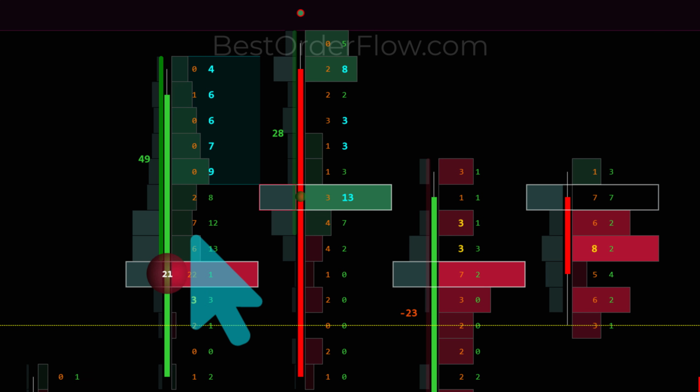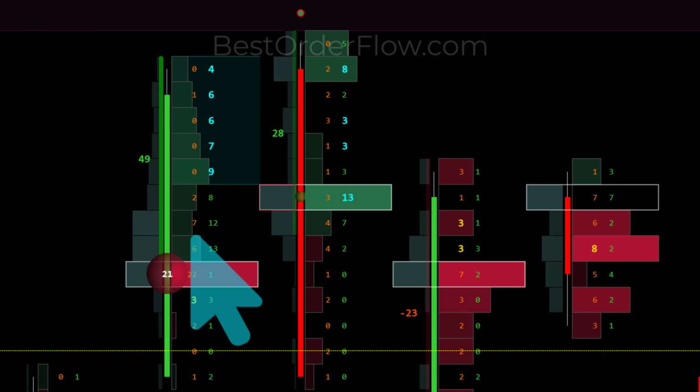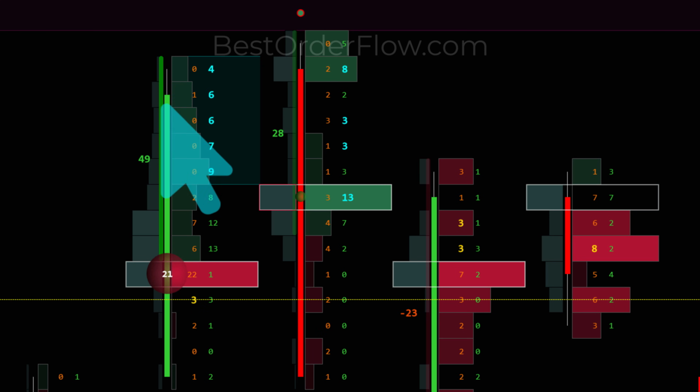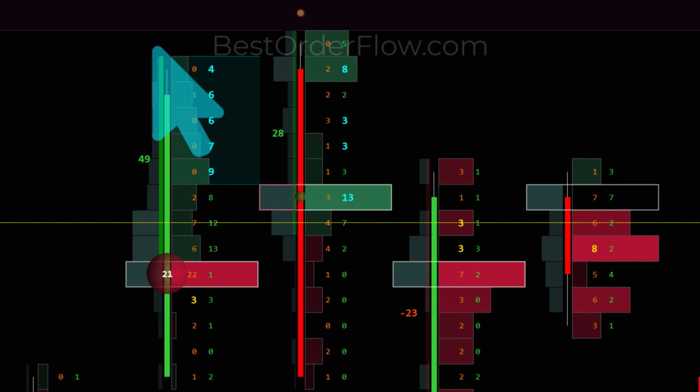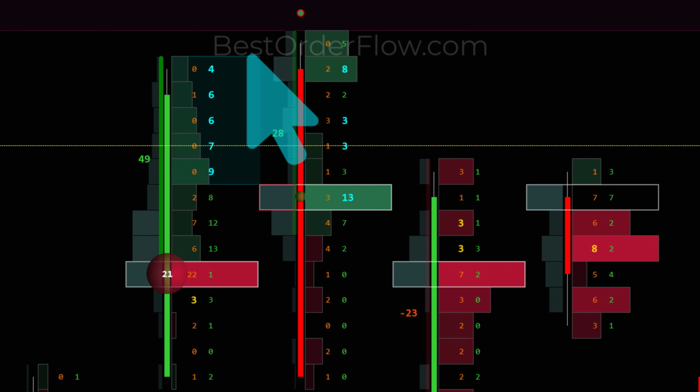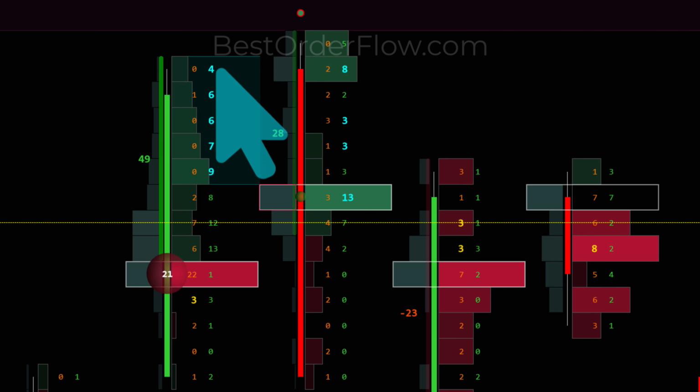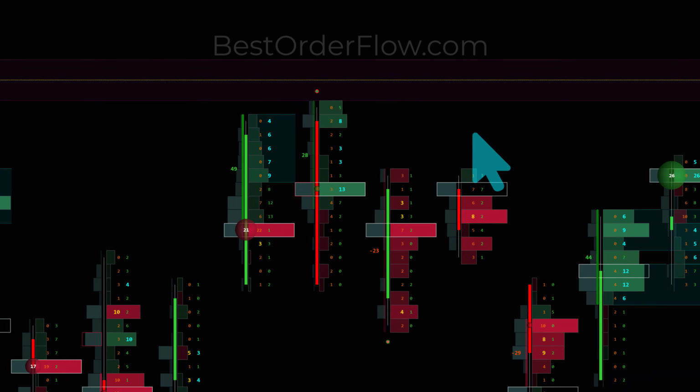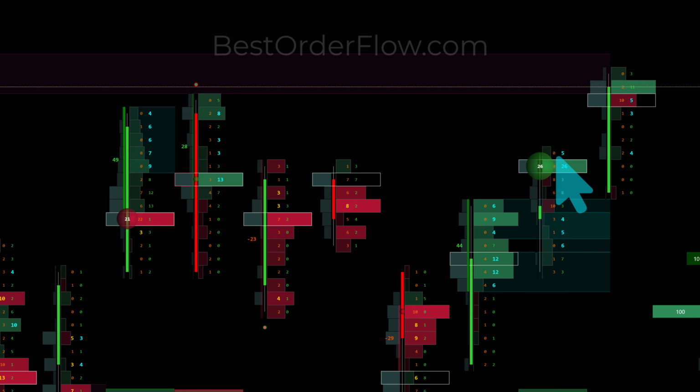It's easy to make a decision based on the summary of delta over here, and you're seeing these imbalances, boom, boom, and you see the zone because it's 1, 2, 3, 4, 5 in a row, but you need at least 3. Like over here, 1, 2, 3, 4. So you can make a decision that this is unfinished business. That's why the price is coming back. Now we're doing about the same business over here, repeating from here, but visually it's easy to see.